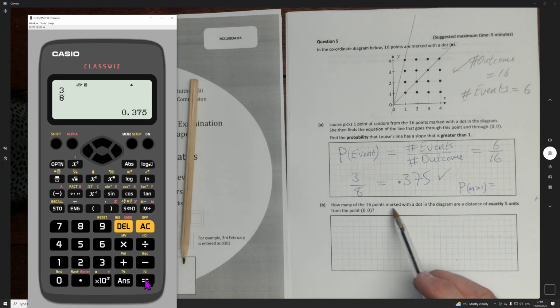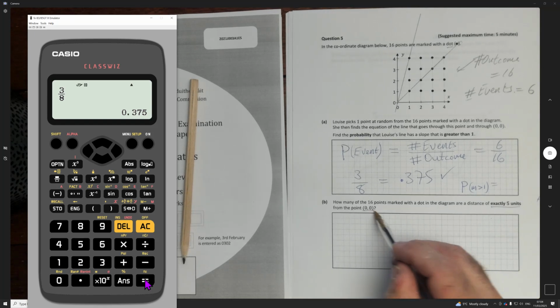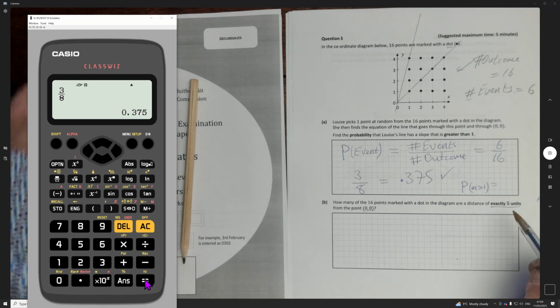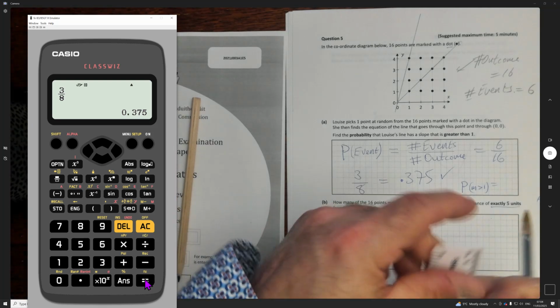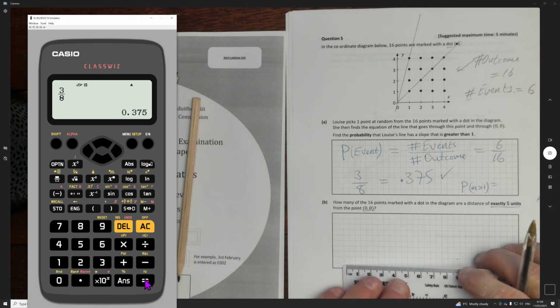How many of the 16 points marked with a dot in the diagram are a distance of exactly 5 units from the point 0, 0? This is where knowing your Pythagorean triplets could be so important.